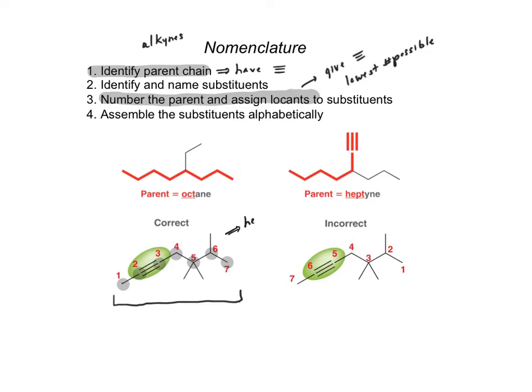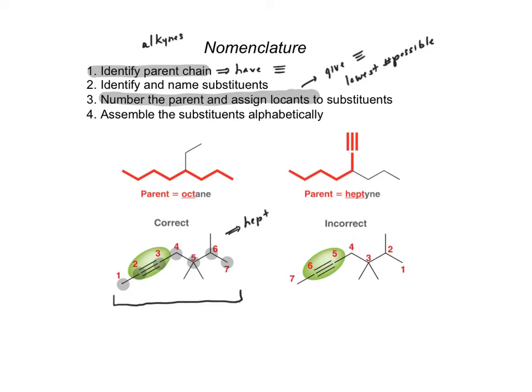So we'll leave this as hept because we're going to talk about what the ending is going to be. Again, though, as I go through and number this guy, I want to make sure to give this thing the lowest number possible as opposed to giving a substituent the lowest number possible. So the incorrect version would be starting here because that would give our triple bond a 5. We actually want to start on this side so that we give our triple bond a 2, okay? So this would be the correct numbering.